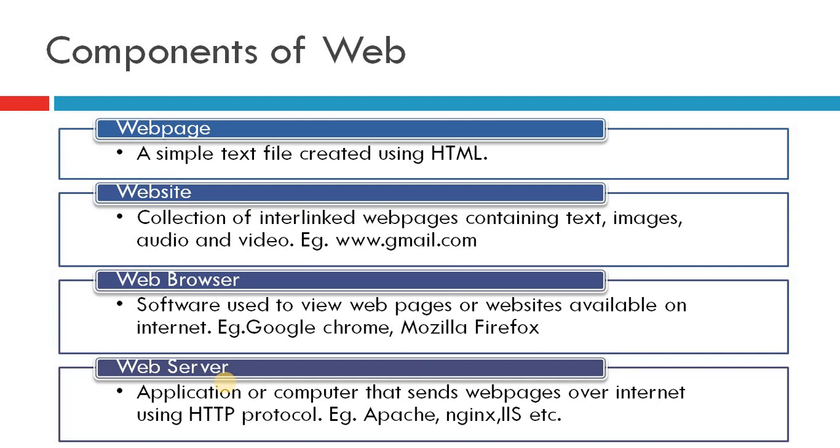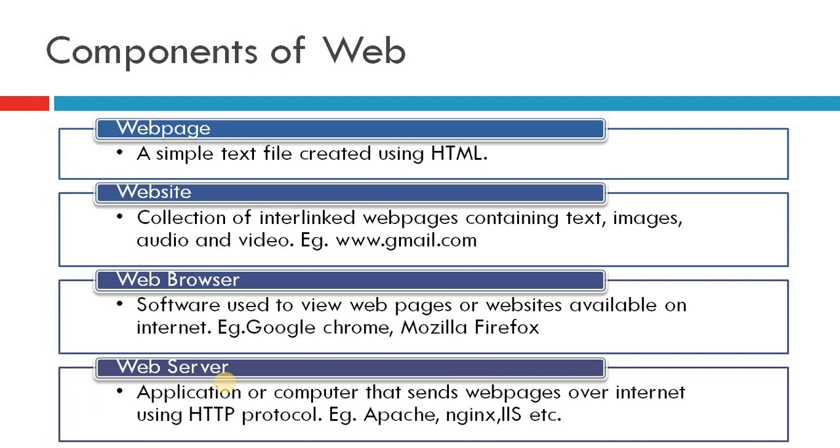The next term is website. Collection of interlinked web pages containing text, images, audio, video is a website. Now, when we have various web pages and these web pages can contain text, all these web pages, when they are joined together, it becomes a website.